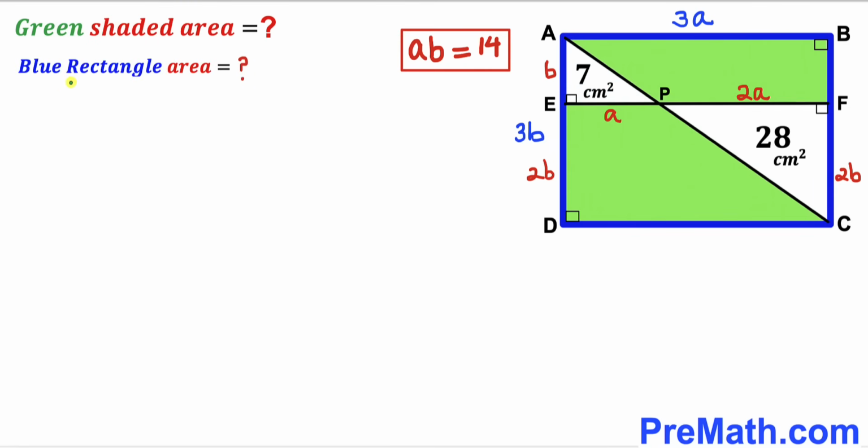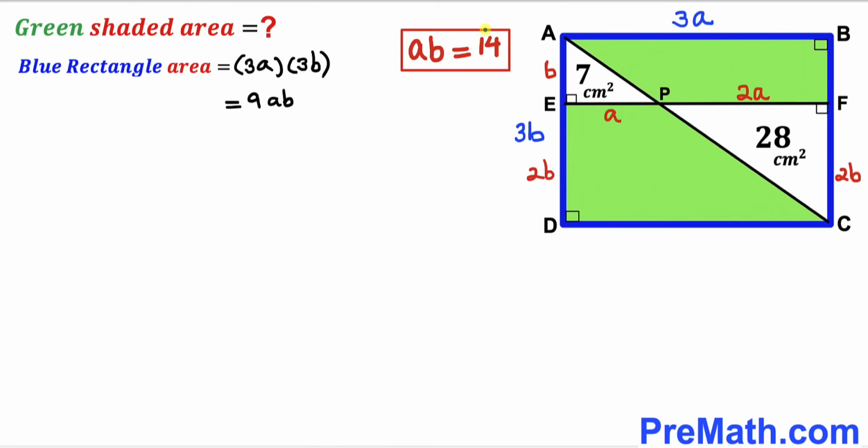Here's our next task: to calculate the area of the blue rectangle ABCD. Recall that the area of a rectangle is length times width. Our dimensions are 3a and 3b, so the area is 3a times 3b, which gives us 9ab.